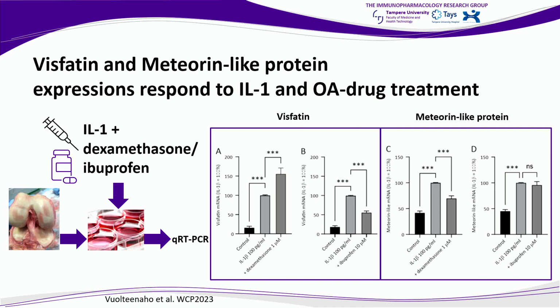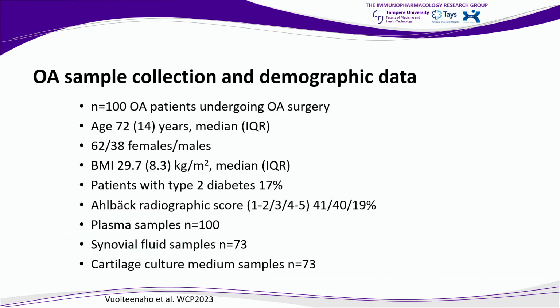We showed that dexamethasone further increased IL-1 induced visfatin expression and downregulated Meteorin-like messenger RNA expression, while ibuprofen somewhat decreased visfatin messenger RNA expression but did nothing to the Meteorin-like messenger RNA expression. So they do respond to the drugs used in the treatment of osteoarthritis.